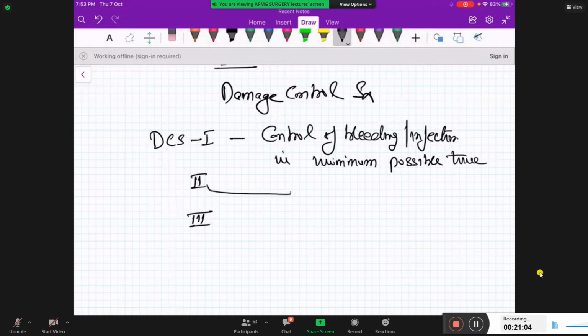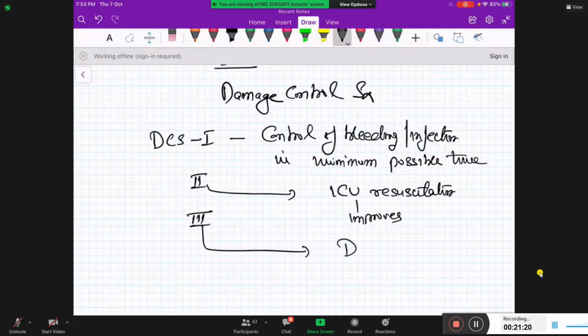Then DCS2 is ICU resuscitation. And after ICU resuscitation, it depends. If the patient improves, then DCS3 will come into play, and that will be a definitive treatment.